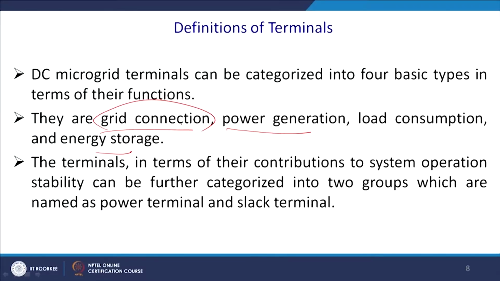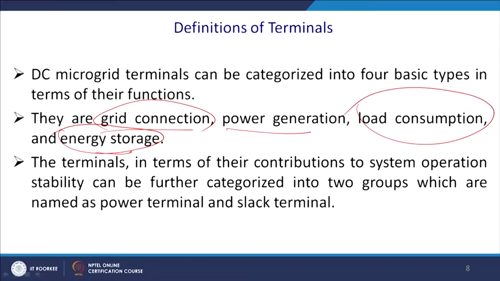Power generation can be solar. For load consumption, you may have load points that are bidirectional or not bidirectional, and also energy storage, mostly battery. So, these are the 4 terminals you will be having.